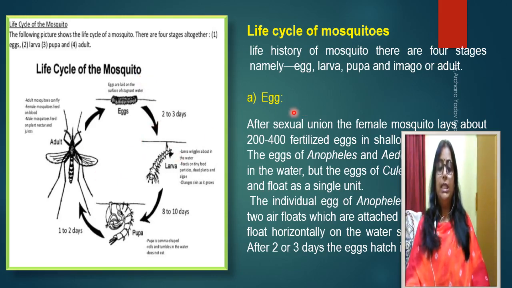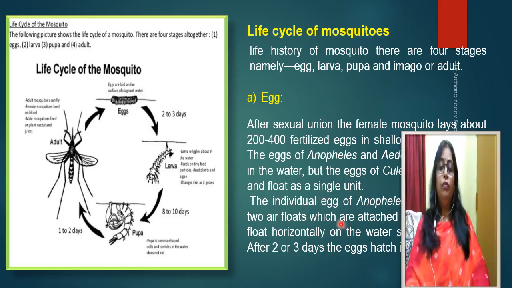So, first is egg. After sexual union, the female mosquito lays approximately 400 eggs in stagnant water. The eggs of Anopheles and Aedes float separately in water, but the eggs of Culex are present in a bunch, as a single unit floating on water.